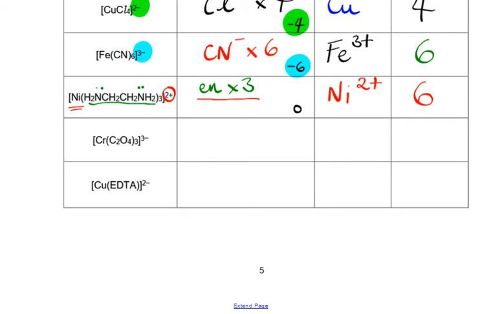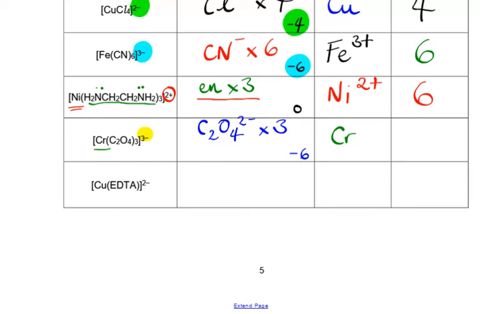In the next example, we have the ethanedioate ion, and this has a 2- charge, and we have 3 of these bidentate ligands in this complex, so they are making a contribution of -6 to the overall charge. We can see that the central metal is chromium.